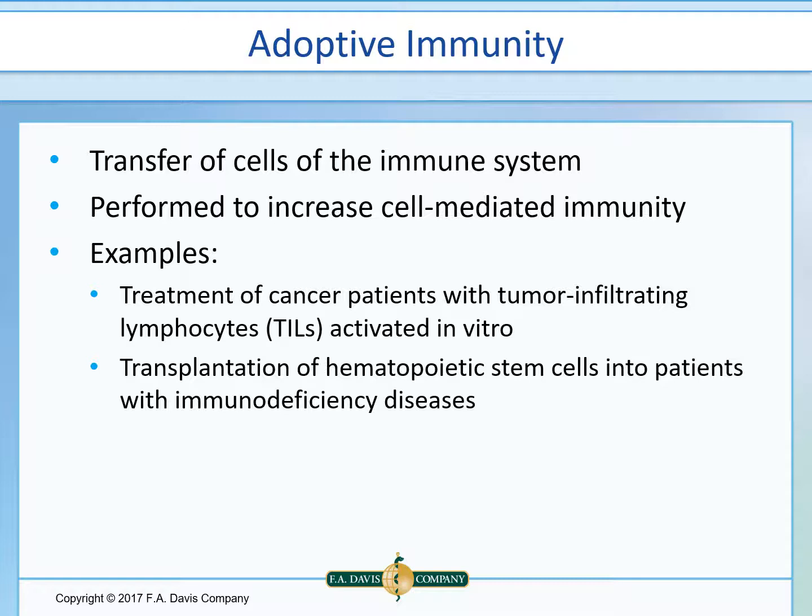There have been advances in therapies that treat cancer patients with tumor-infiltrating lymphocytes that are activated in vitro, along with transplantation of hematopoietic stem cells into patients with immunodeficiency diseases.